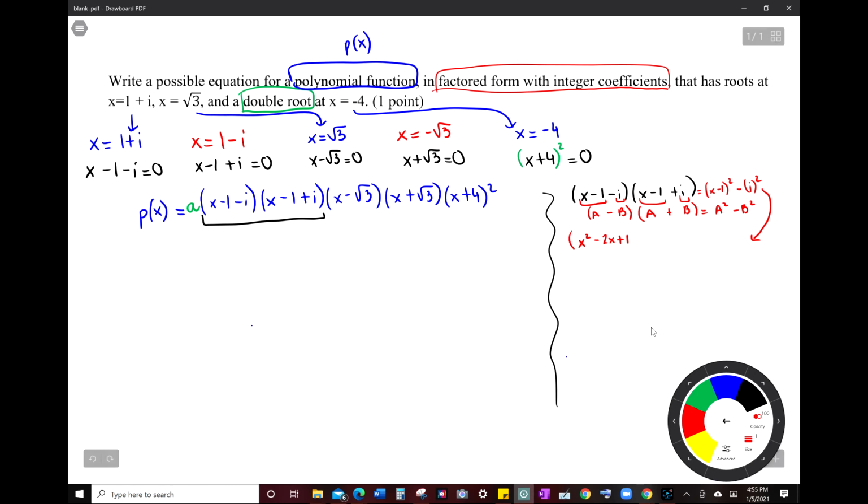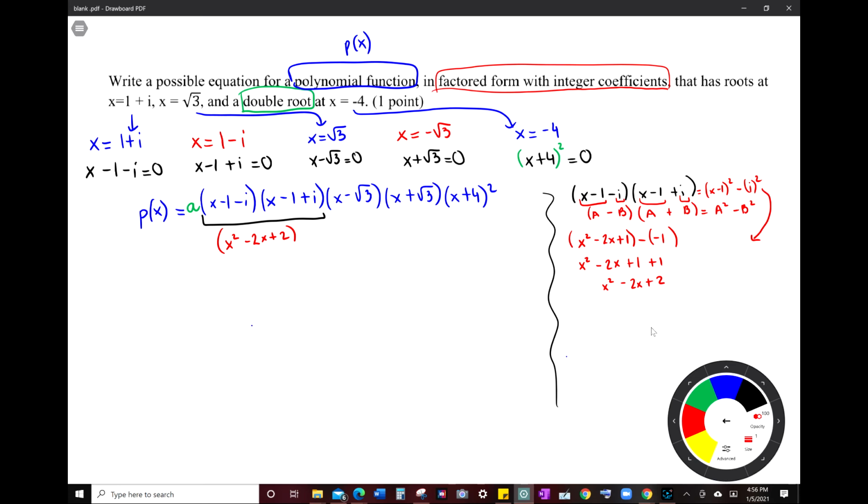And then I have minus negative 1, because i squared becomes negative 1. Then I have x squared minus 2x plus 1 plus 1, and my final answer will be x squared minus 2x plus 2. Okay, and I bring it back here. So I have x squared minus 2x plus 2.